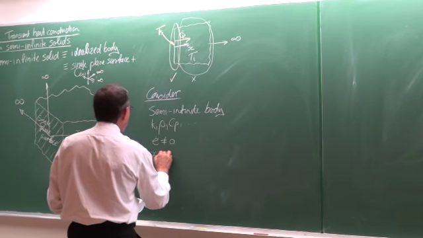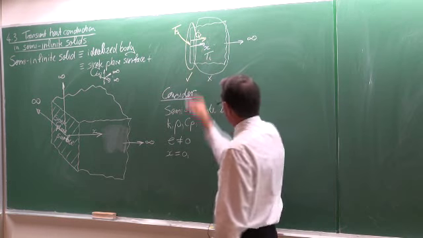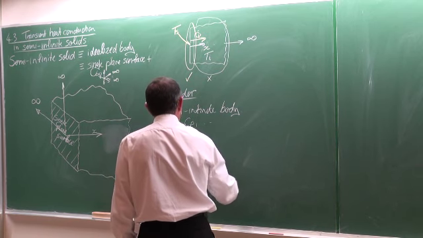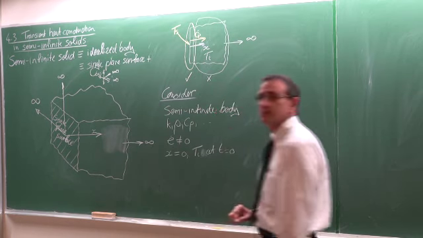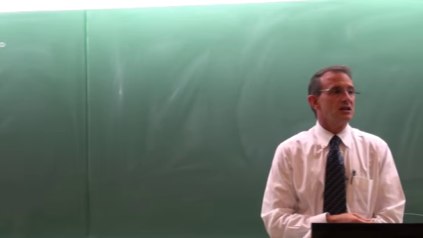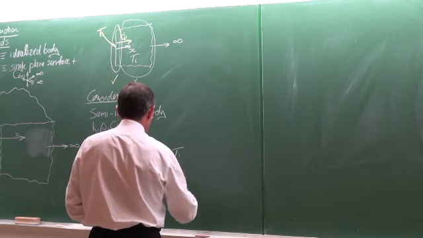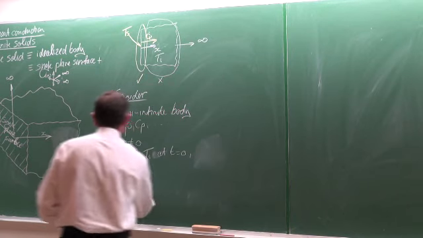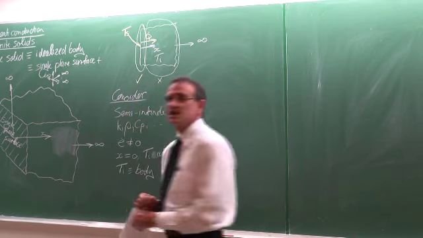And where x is equal to 0, the temperature is equal to Ti at t equals 0. So the surface is equal to Ti, and the whole body is at the temperature Ti.